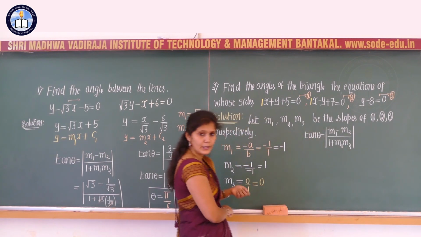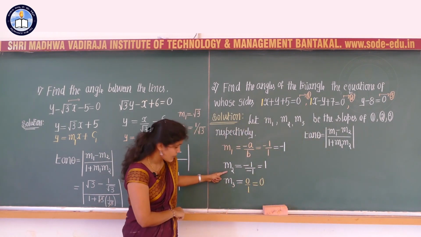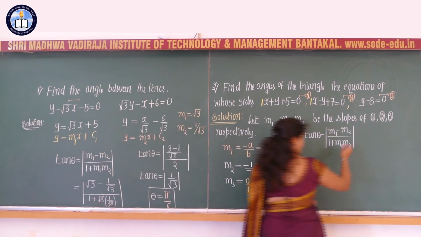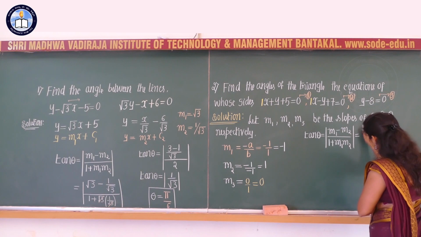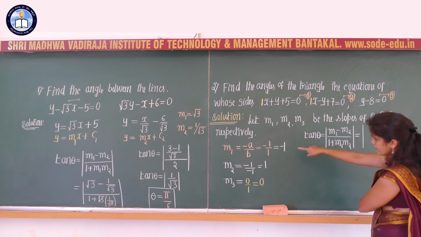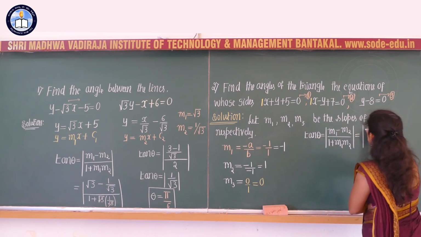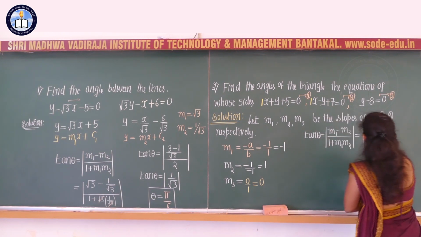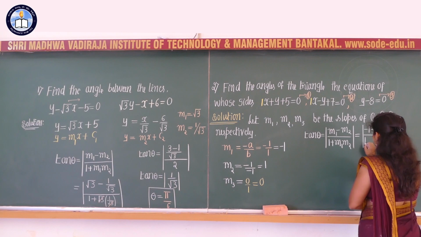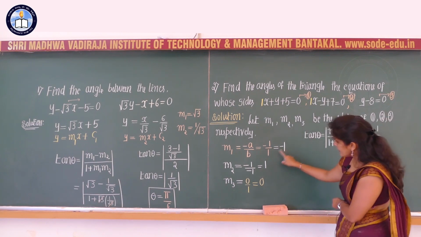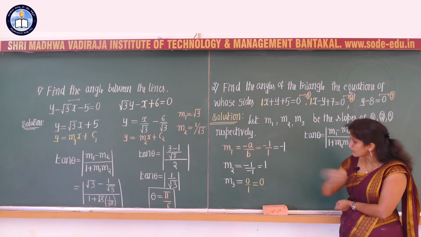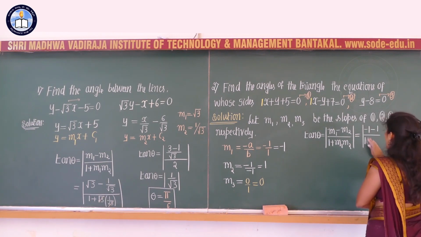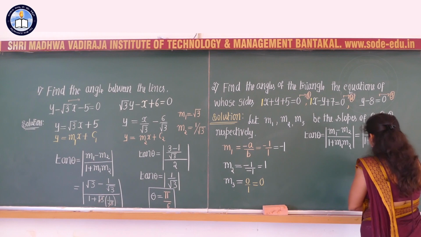For these two slopes m1 and m2, I will find tan theta. m1 is equal to minus 1, m2 is equal to 1, divided by 1 plus m1 into m2. What is m1 into m2? Minus 1 into 1, that is minus 1.